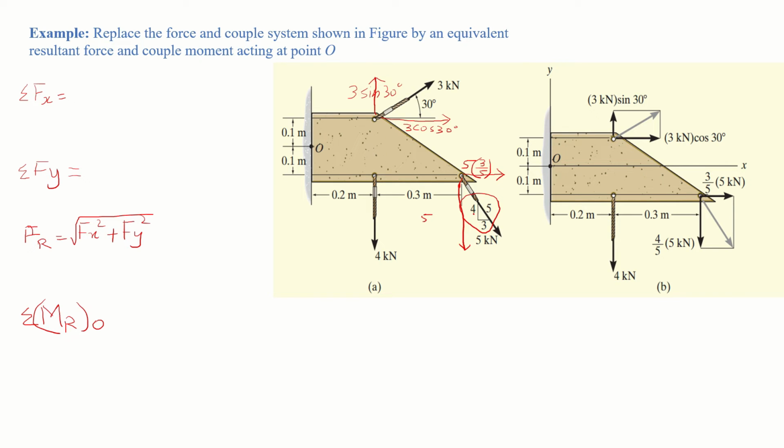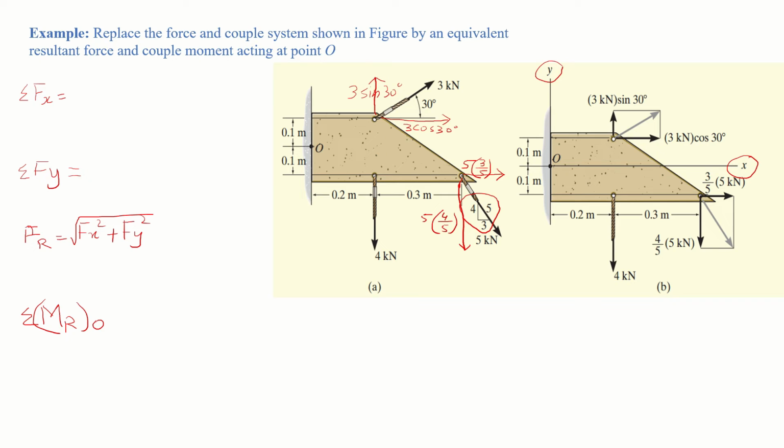Sin theta is always equal to perpendicular over hypotenuse, and the perpendicular is 4, so sin theta is 4 by 5. The third force is in the y direction, and the coordinates are given in this figure. Here x is positive on the right side and y is positive on the upside. So now we have resolved the forces.